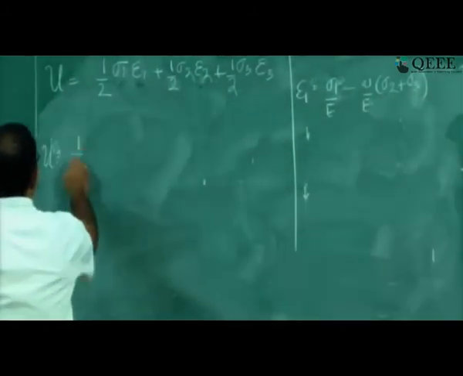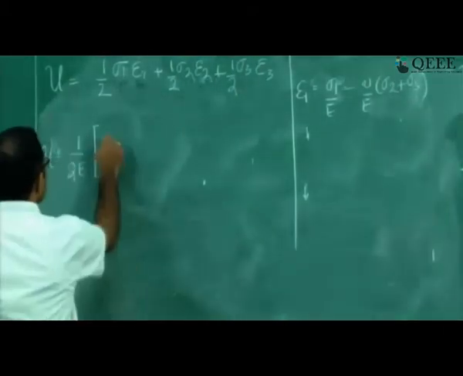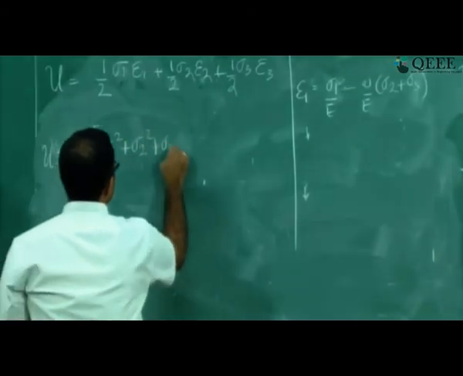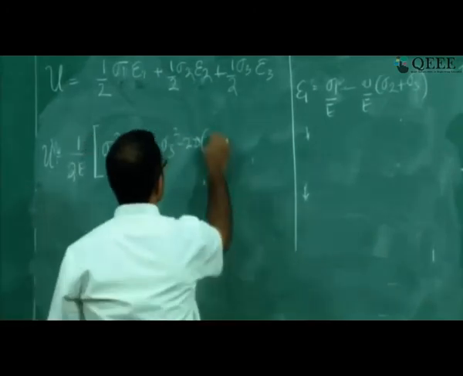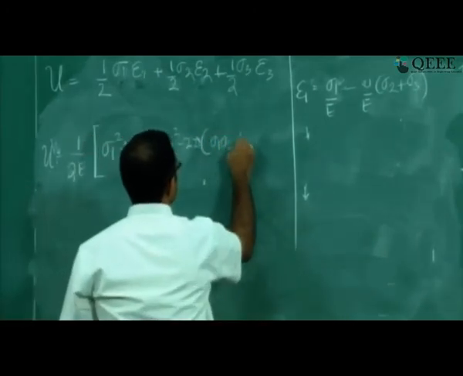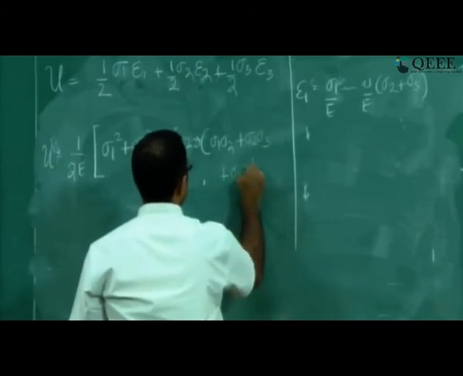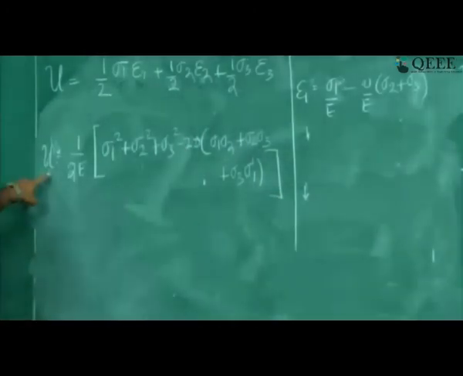So 1 divided by 2E, sigma 1 square plus sigma 2 square plus sigma 3 square minus 2 nu sigma 1 sigma 2 and so on. This is the expression for the total strain energy density.